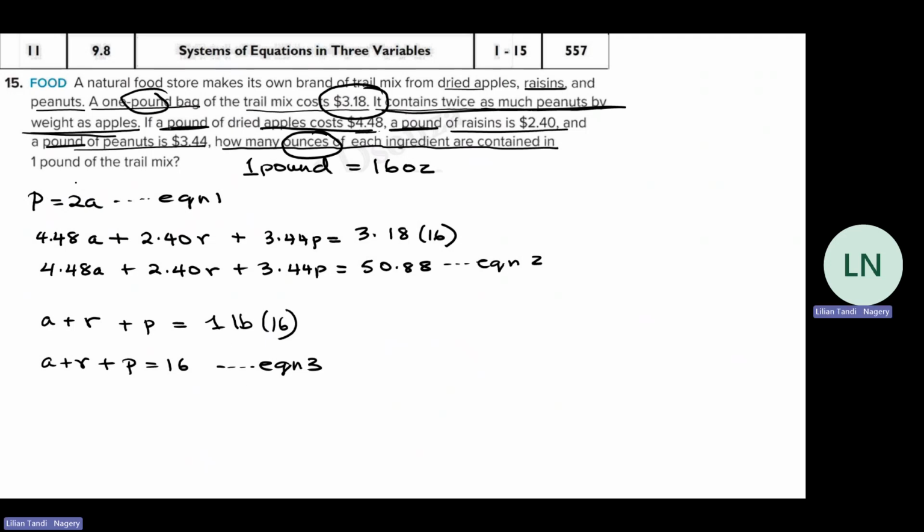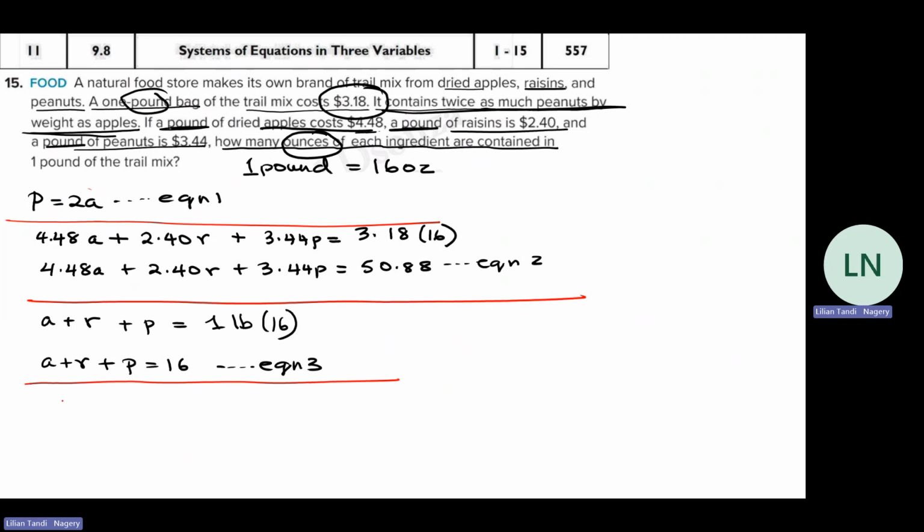Okay? So now I have 3 equations. I'm going to substitute P over here. I have done my work in 3 steps so far. So now the 4th step will be 4.48A plus 2.40R plus 3.44, and now, instead of using P, I'm going to use 2A, equals 50.88.